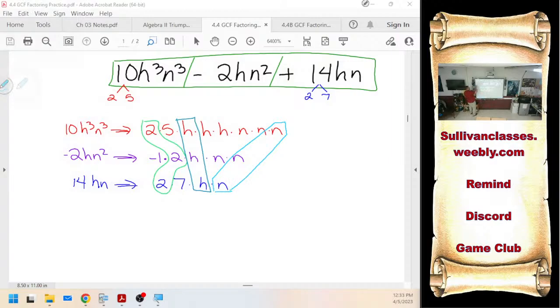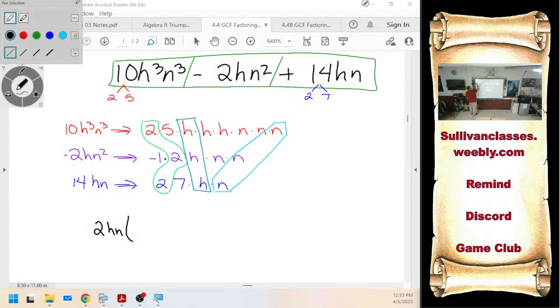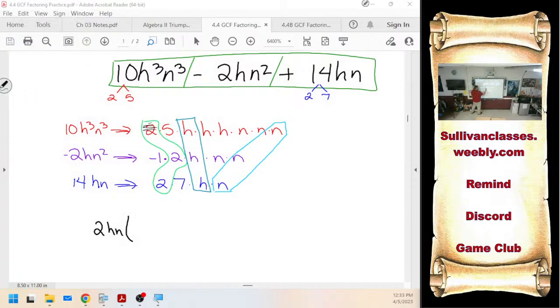So if those are my things in common, then out comes a 2HN. And if I scribble those out, no more 2's, no more H's, no more N's. See, I'm using that thin line so that we can still see what's there. Then whatever's left is literally what is left. 5 double H double N.